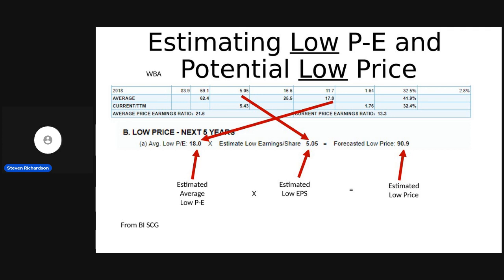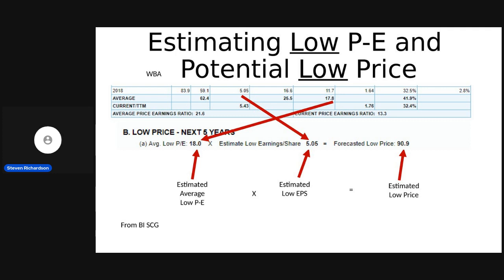It's not conservative. Maybe 14 would be conservative. So you take their current earnings per share. Well, actually, it's from 2018, the most recent, not the trailing 12 months, and you multiply that by what you guessed the average low would be, and that gives you the forecasted low price, 90.9.